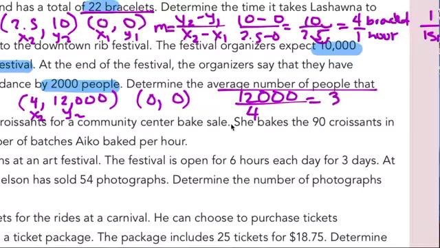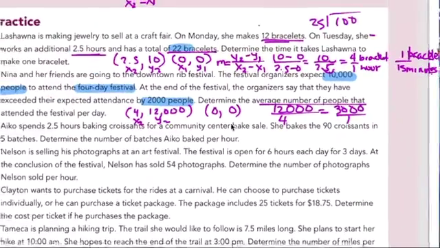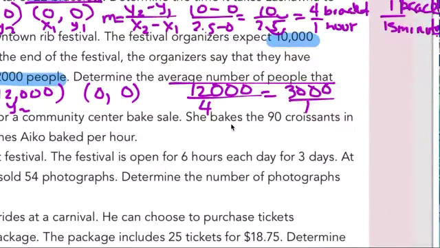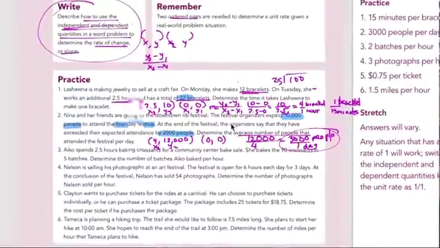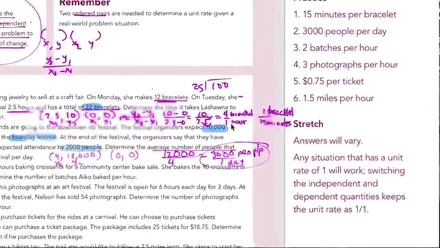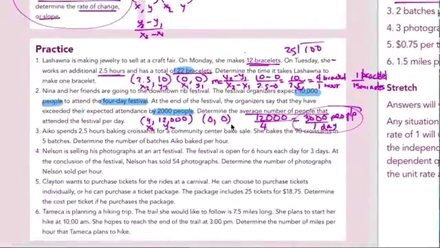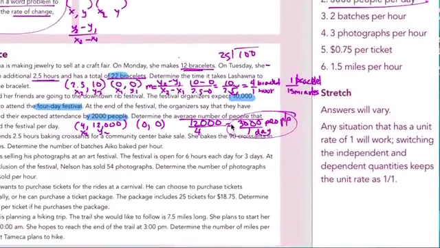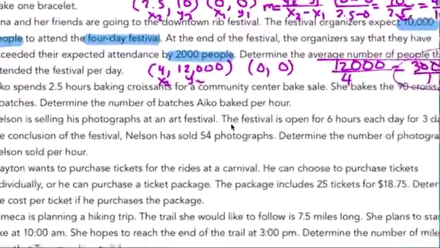You get 3,000 people per day. Yep, that's what it says right here. 3,000 people. Oh, number 3 is 2 bracelets per hour.